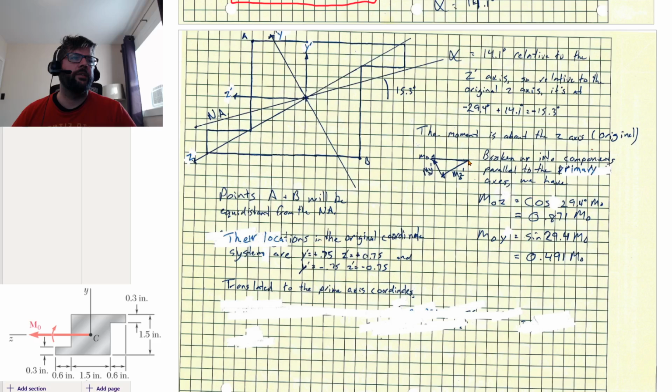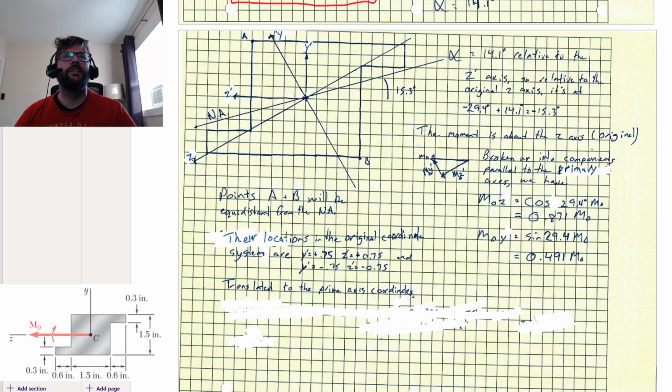So essentially we got our m naught here, and we got something parallel with our new z axis. Got something parallel with our new y axis. So again, both of those are going to be positive in order to result in something that goes like this: positive in this direction, positive in this direction. So both, we can figure out what those are.